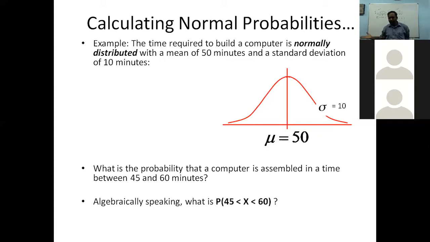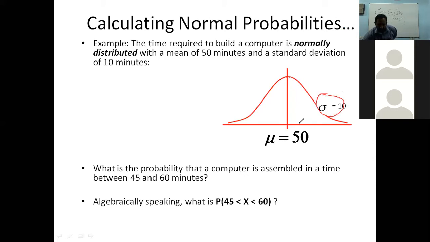Some computers can be built 10 minutes less than the mean value, and some 10 minutes more than the mean value of 50 minutes. That is the average deviation between the actual time taken to build a computer and the mean. So we have those two pieces of information from the example.